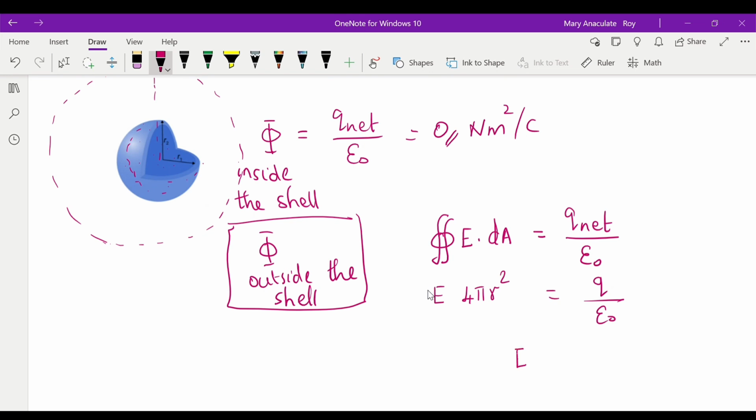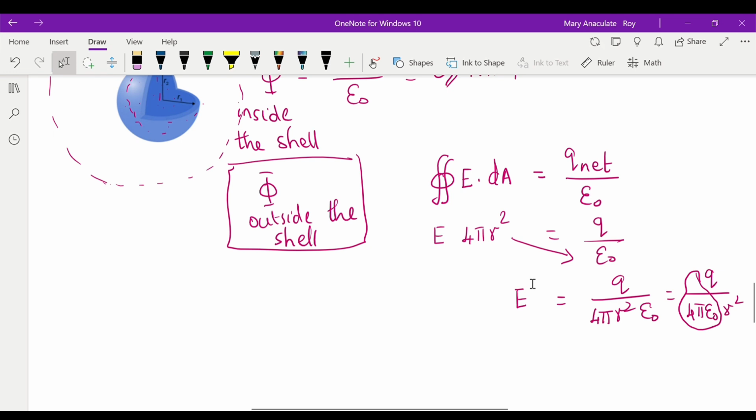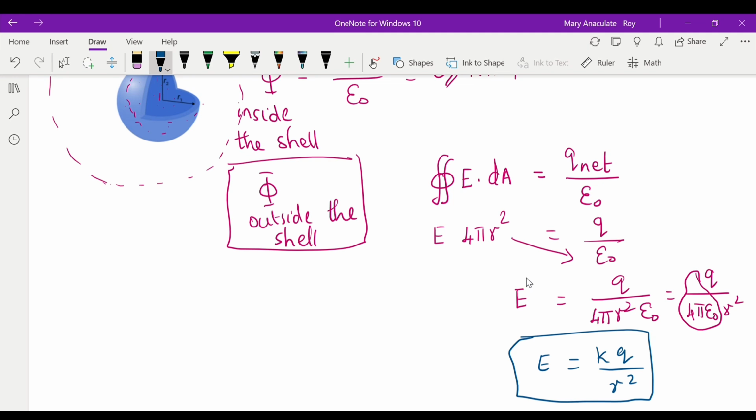Keeping E alone, E equals Q over 4 pi epsilon naught r squared. Now we know that 1 over 4 pi epsilon naught is k, so this becomes E equals kQ over r squared. Notice this is the general formula we have been using for finding the electric field at a point around a point charge.